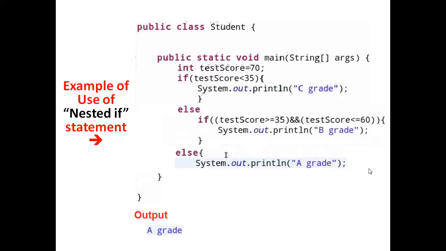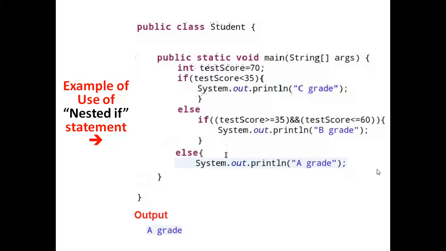As I've used AND, both the conditions should be true, then only it will execute this code or display B grade. As we have seen in this line, only the first condition is true, but the other condition is false. Therefore, it will not execute and display B grade.